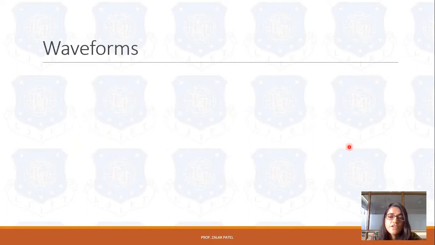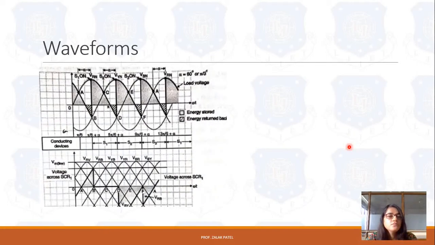Now let's see the waveforms. Here please note this first diagram. Here you can see that the firing angle is pi by 3 plus alpha, or we can take pi by 6 plus alpha also, means 30 plus alpha is also taken, and alpha is equal to 60 degree or pi by 3. So from that point this S1 will start conducting.